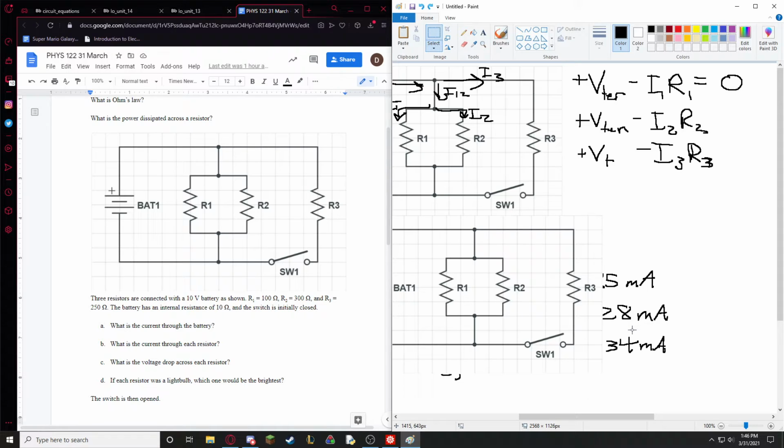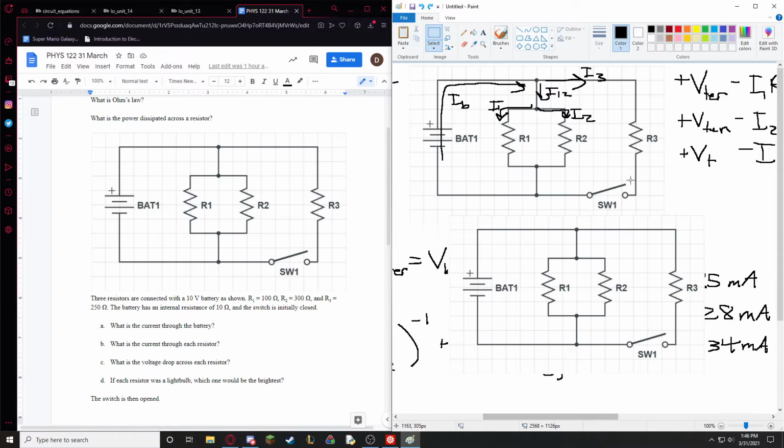So we've found our current through each resistor, and we've found our voltage drop across each resistor. Now, if each resistor were a light bulb, which one would be the brightest? Which light bulb would be the brightest out of these three resistors? Does anyone know how we would figure that out? I think it'll be R3, right?